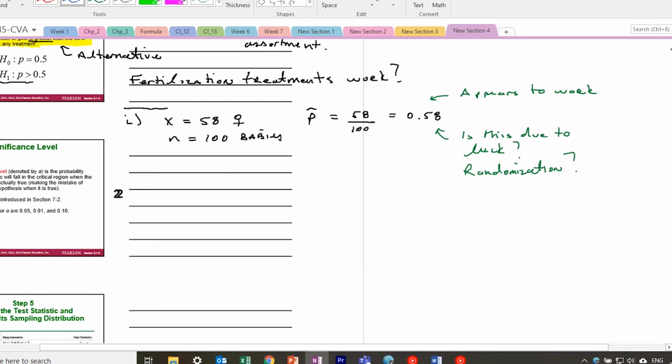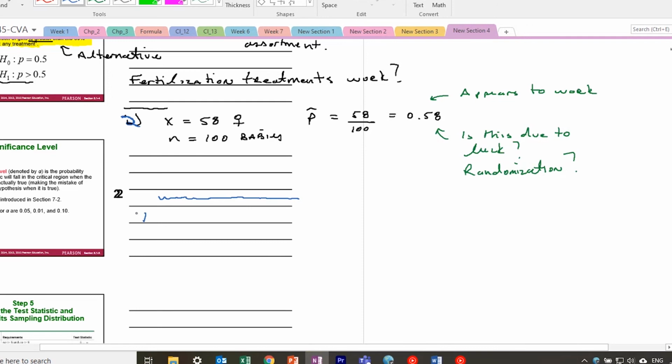So step 1, you set up your hypothesis. Step 2, I guess this should really be here, is what is your experimental data? And from this you can figure out what's called a test score. So just before we go any further, before we actually start our hypothesis test, I just want to tell you that there's 2 methods of doing a hypothesis test that I'll show you in this course.